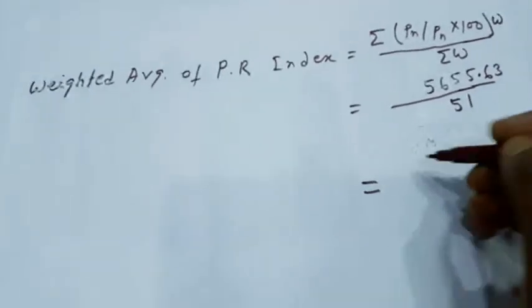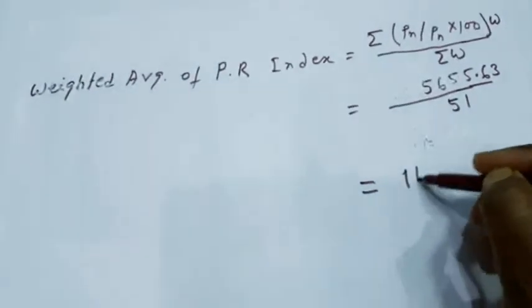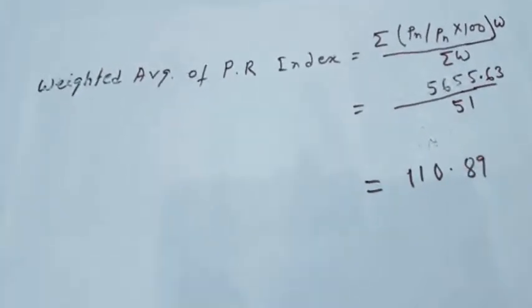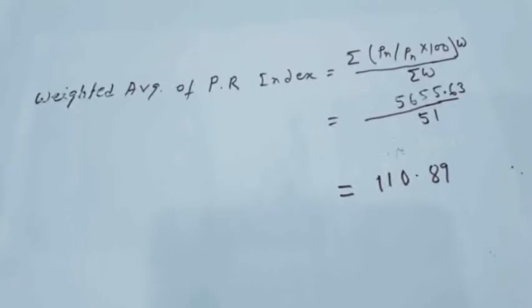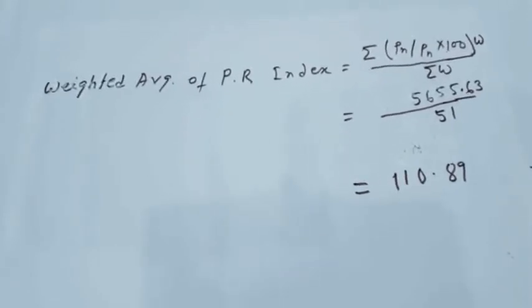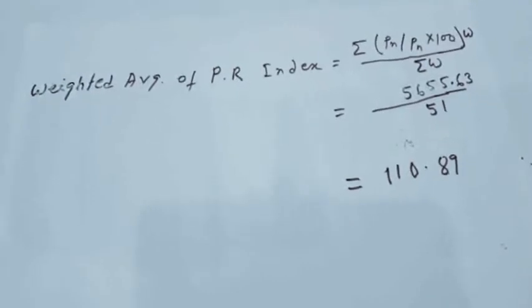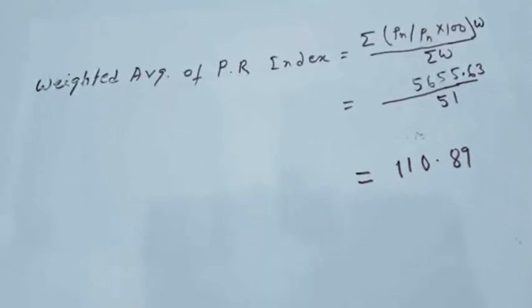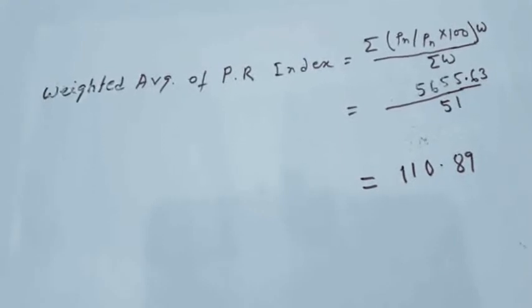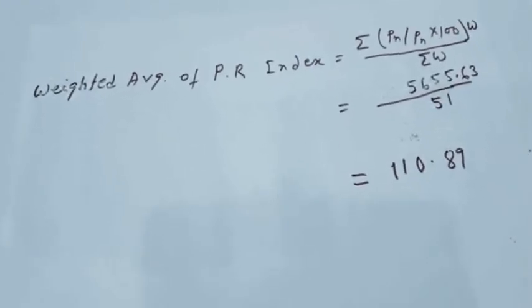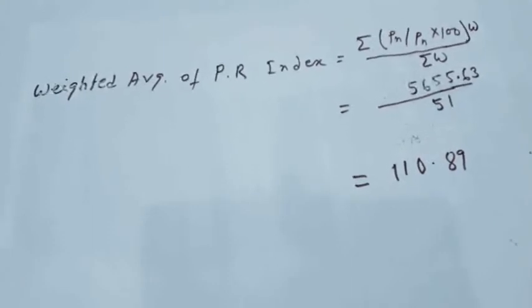You will get 110.89. This is our result. In this way, we can calculate the price relative index by weighted average or weighted arithmetic mean method.